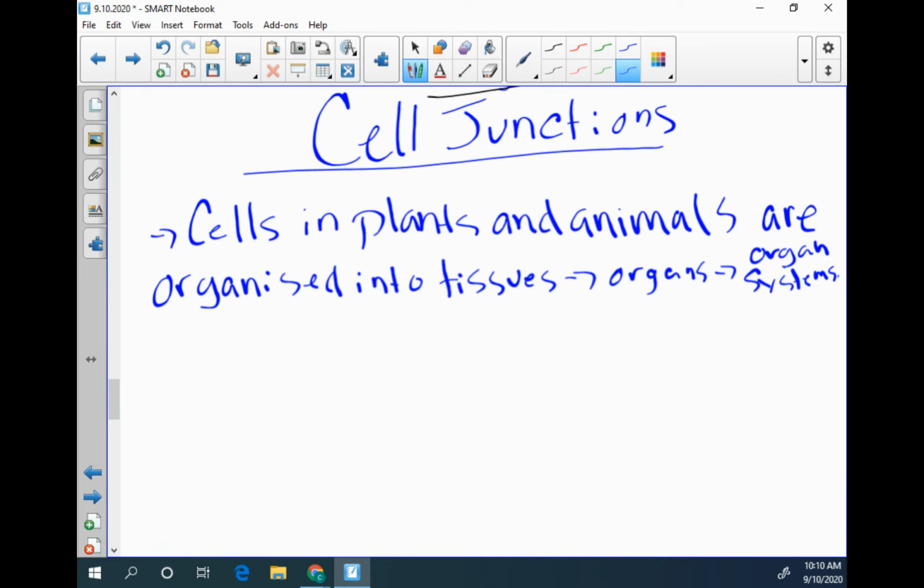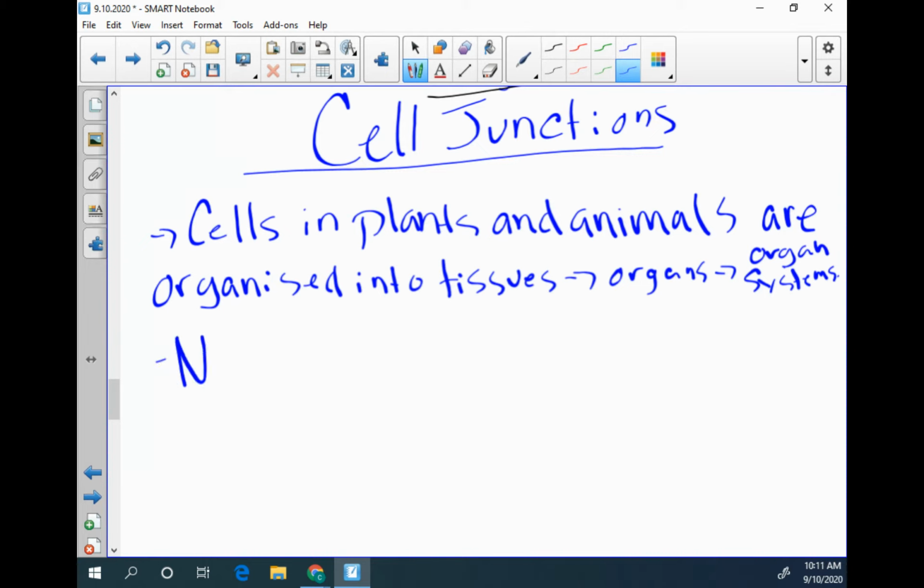Relatively easy concept, but essentially that means that we have to communicate with one another for these cells to work together in order to form tissues, in order to form organs, in order to form organ systems, because everybody's got to function.